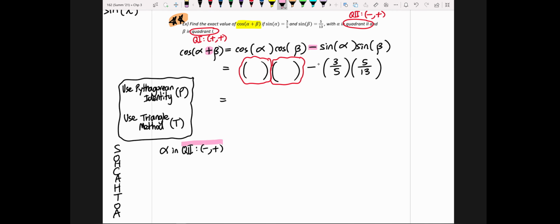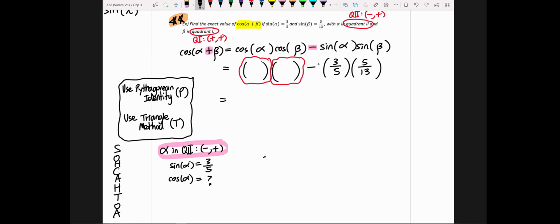Regardless which method you use, you have to be mindful of the quadrant. Okay. So using the Pythagorean identity, given sine of alpha, we can find cosine of alpha. We have done this in both chapter 1 and 3. Given sine of alpha is 3/5, we can apply the Pythagorean identity to find cosine of alpha.